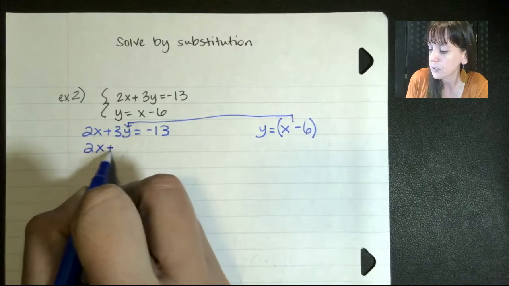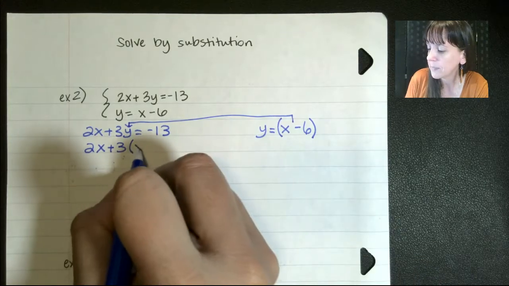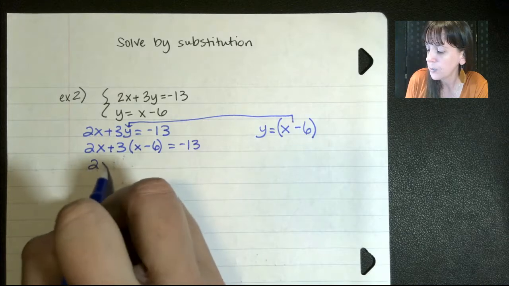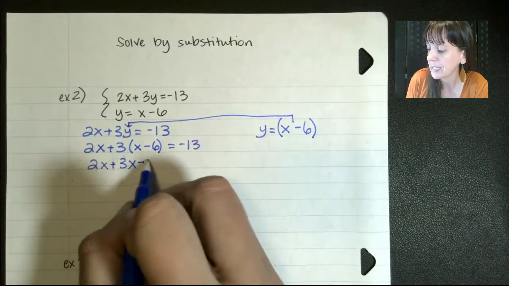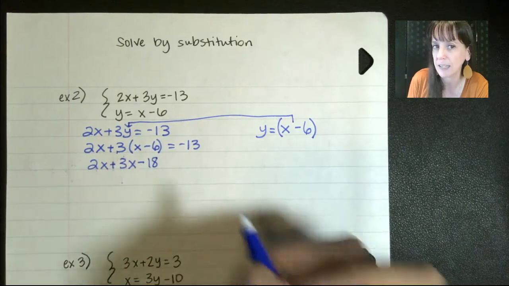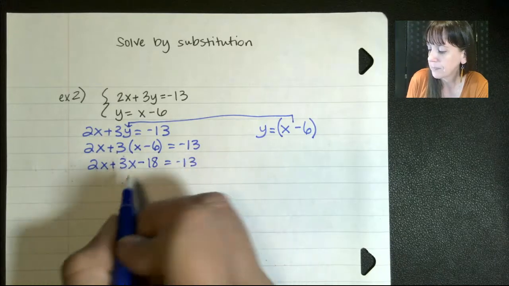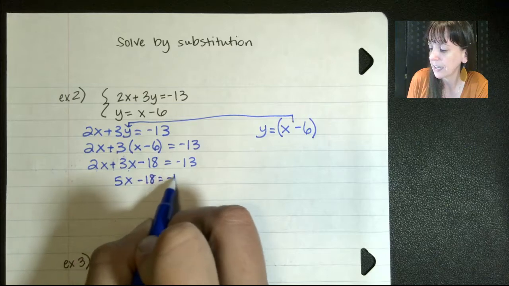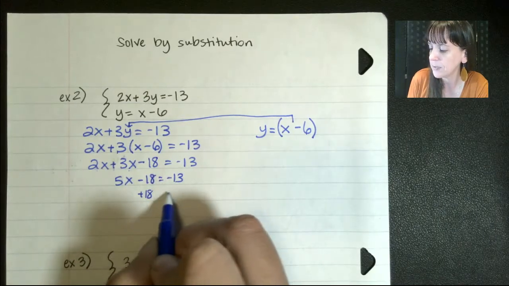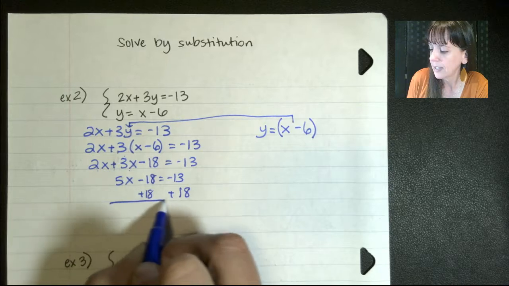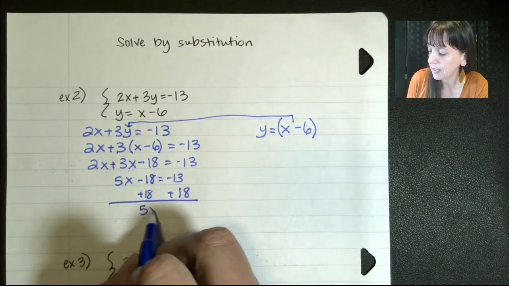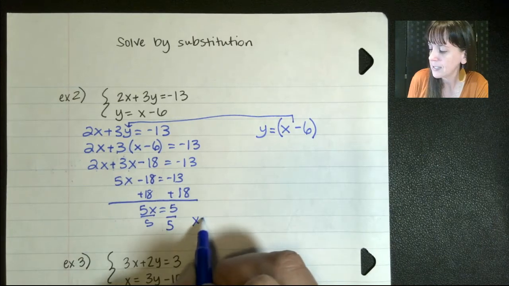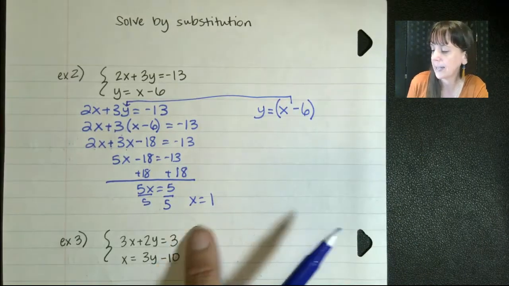So 2x plus 3, and instead of y, (x minus 6), equals -13. 2x plus 3x minus 18, because 3 times 6 is 18, equals -13. 2x plus 3x is 5x minus 18 equals -13. Add 18 to both sides, and I get 5x equals 5. Divide both sides by 5. x equals 1.